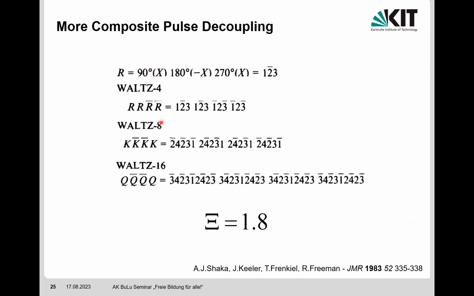And this is expanded here in the MLEV-4 supercycle, but WALTZ-8 combines the 3 and the 1 to 4, and then the 1 is shifted to the end, and then you get the sequence element here and apply it in MLEV-4 type, and the WALTZ-16 has a similar procedure out of these two. And well, with this you get a Xi of 1.8, which is already an improvement.